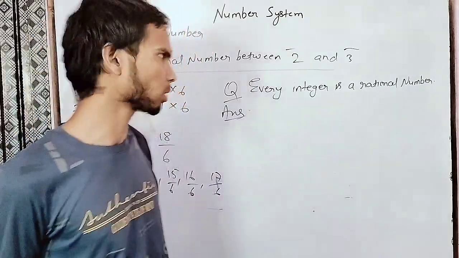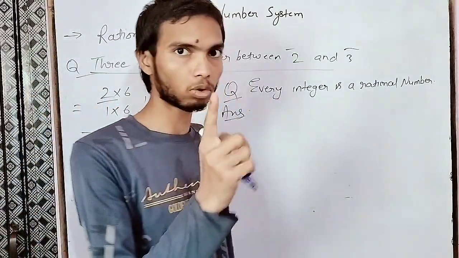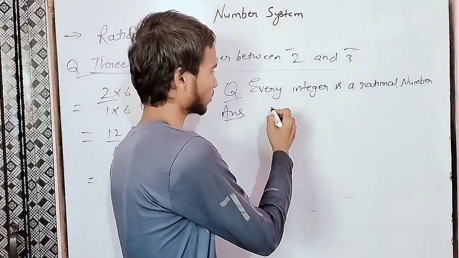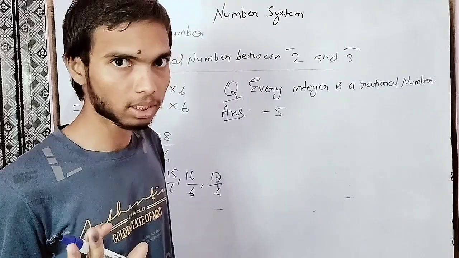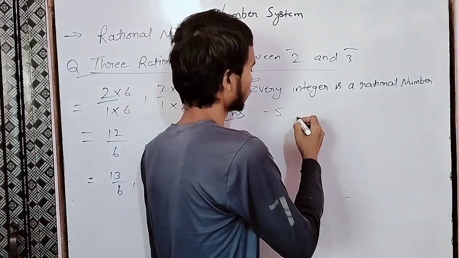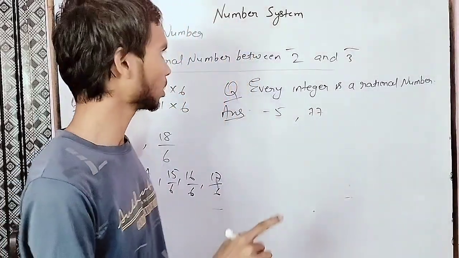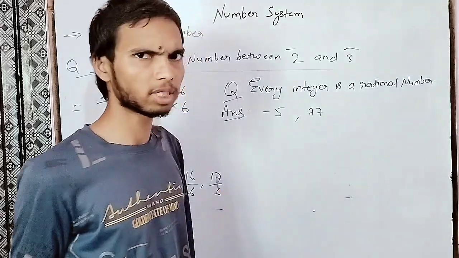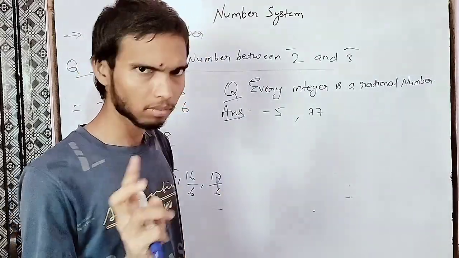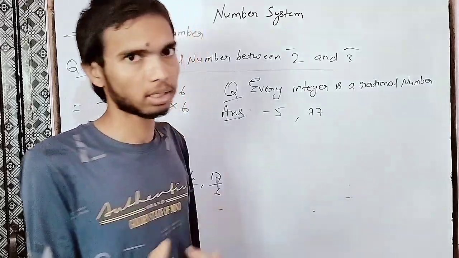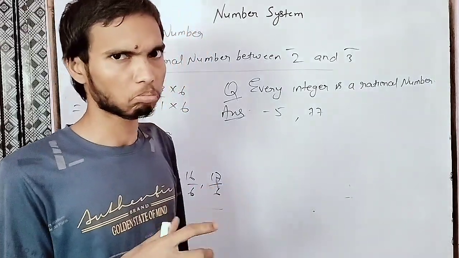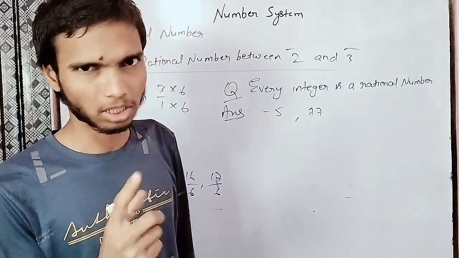You take any integer, for example, -5 or 77. Now we have taken some integers to check whether our statement is correct or not.